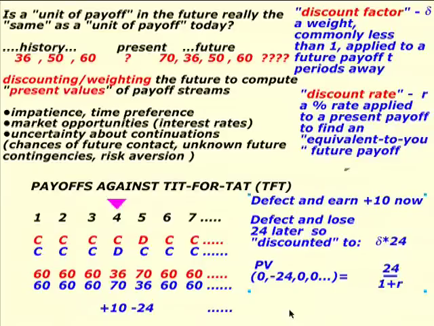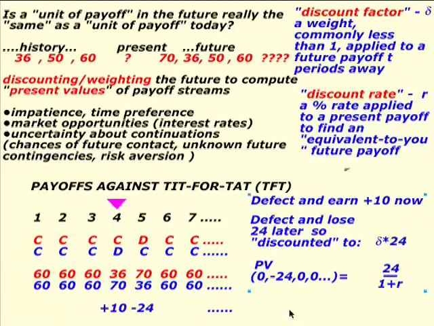I can invest this money, and let's say I could get 20%, a lot, but $1 today might be worth $1.20 tomorrow, right? So $1 tomorrow is not going to be worth $1 today. It's only going to be worth about 82 cents, something like that. It's discounted. Why? Because 82 cents today could grow to $1 tomorrow. So you don't need as much today to be equivalent to $1 tomorrow.